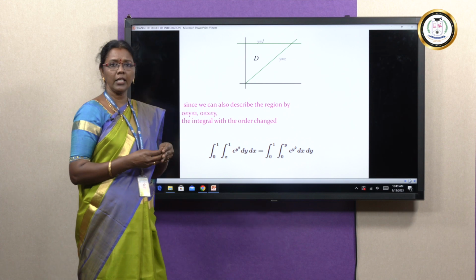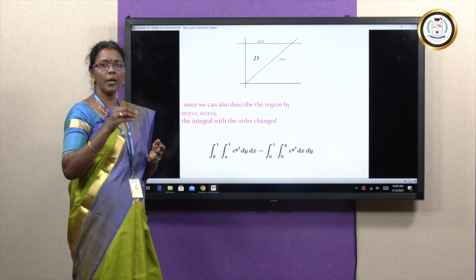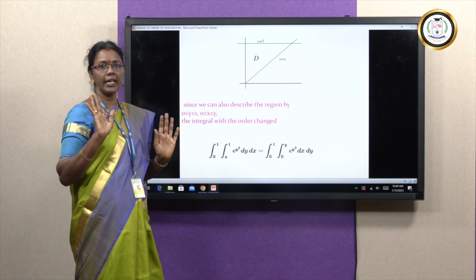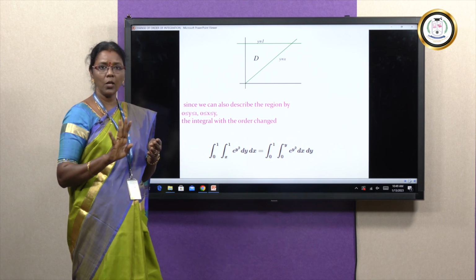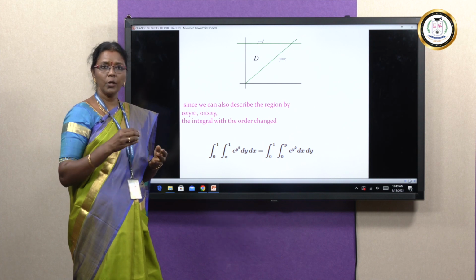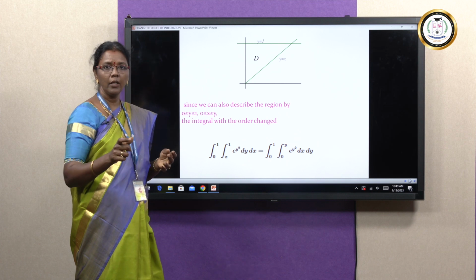Any curve you can draw easily. What we have to do? We have to plot the points. Plotting the points and joining those points will give a curve. Even if it is a parabola, no need to worry. y squared is equal to 4ax or x squared is equal to 4ay, whatever it is. We are going to plot the points. We will have an x column and a y column.